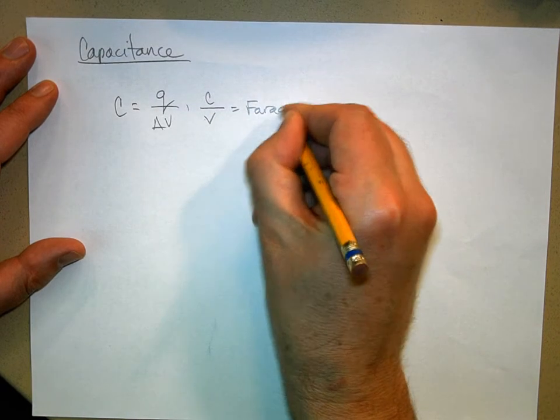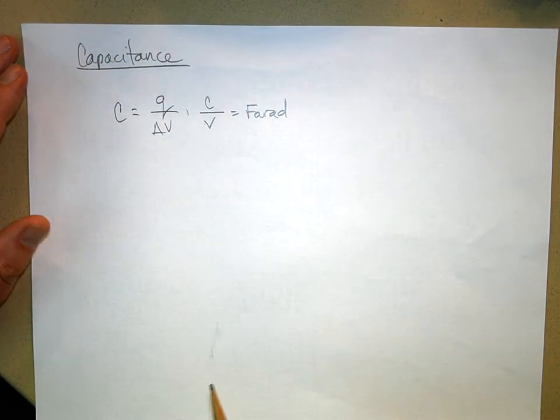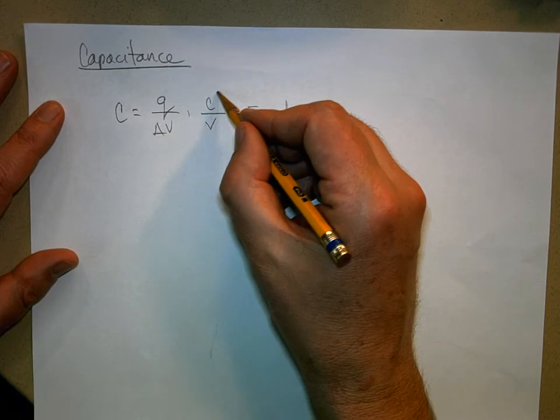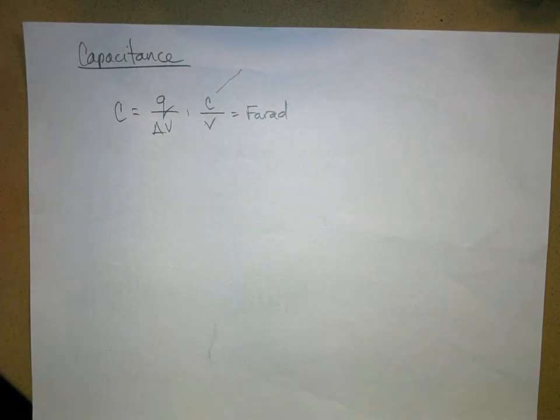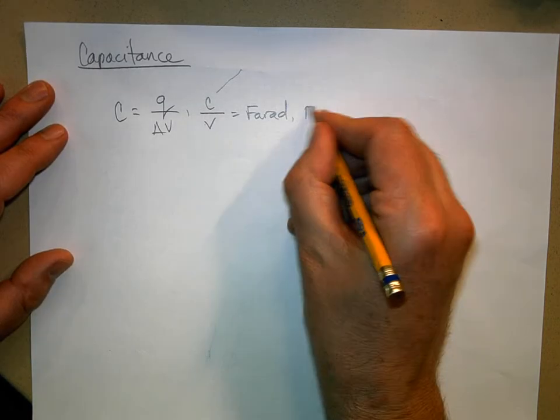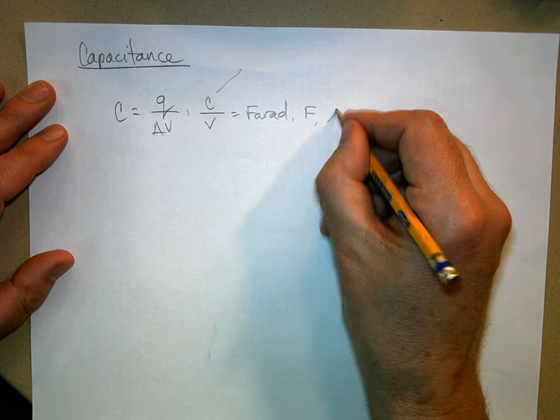Now, it turns out that you don't need very much charge. We deal with very, very tiny amounts of charge. In a capacitor, usually these are millionths of a coulomb, even trillionths of a coulomb. And that's why we usually deal, F is for farad, but usually deal with microfarads. So what does that micro mean?